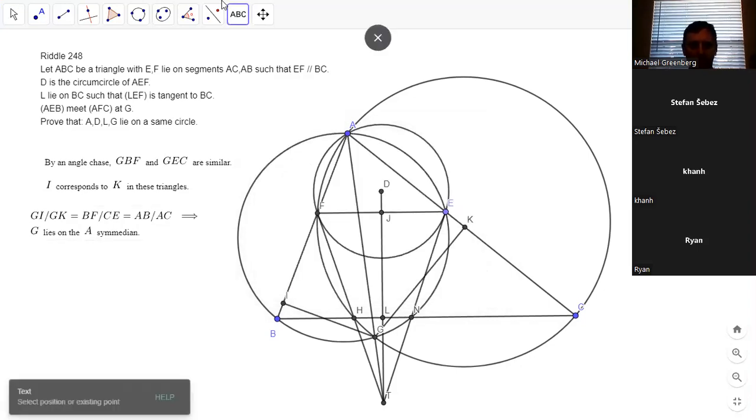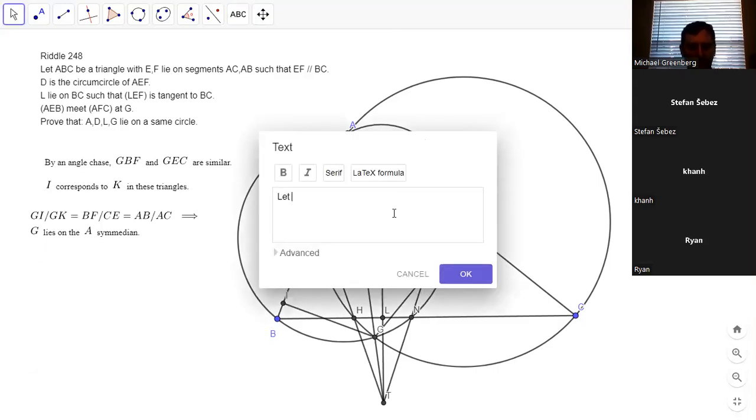So let the tangents to AEF at E and F intersect at T. Let TE and TF intersect BC at H and N. Hopefully this will be okay.